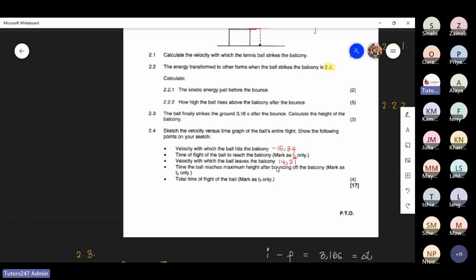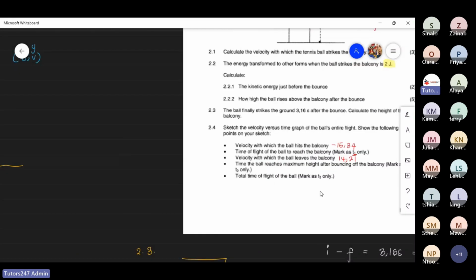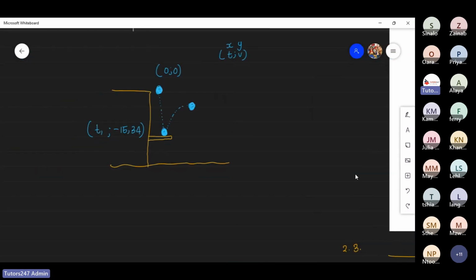So we do not need to represent a time here; technically it'll be the same time as T1. Because there was no contact time, it's going to be the same as the previous time, T1. So when it leaves the balcony, it's going to be T1 and a velocity of 14.21. So that's the third coordinate.